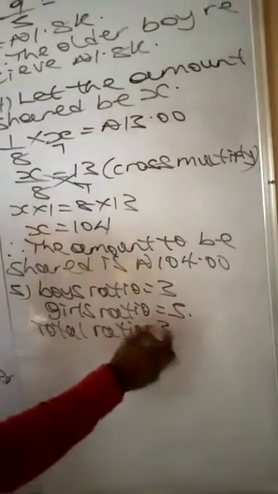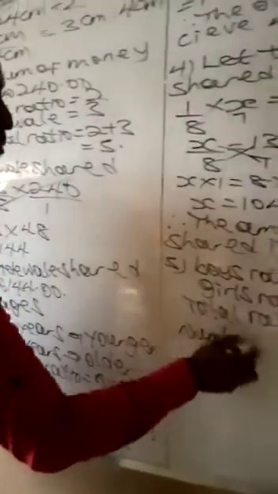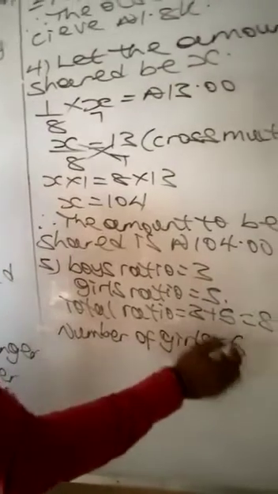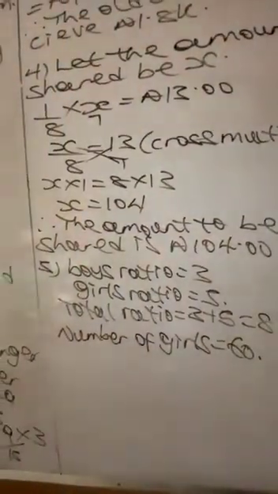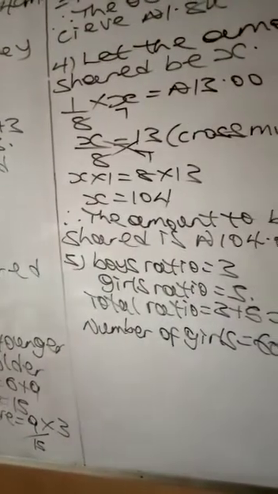Total ratio will be 3 plus 5, and that will be 8. Let's go back to the question. Now we are told that if the number of girls is 60, how many boys are in the school?